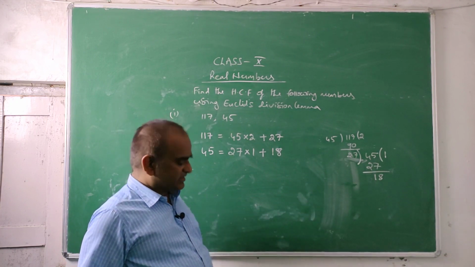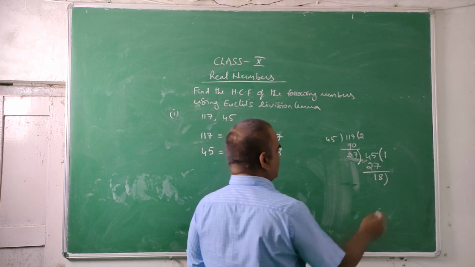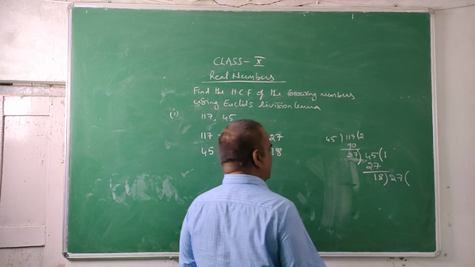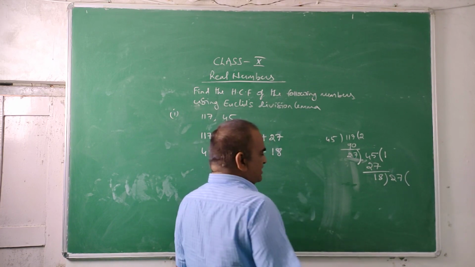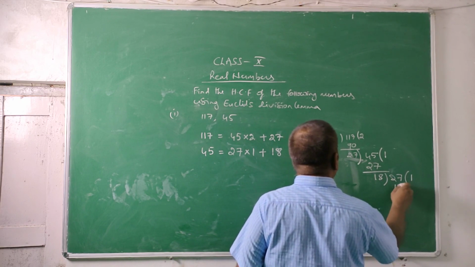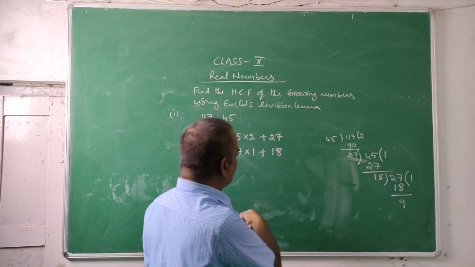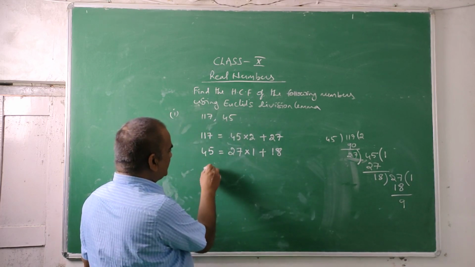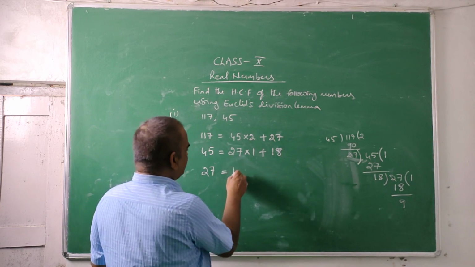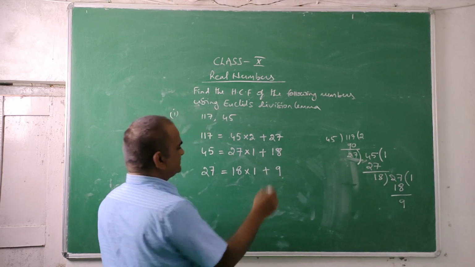Right? Now 18 should be the divisor, the 27 should be the dividend. So 18 ones are 18. Then the remainder is 9. Now 27 is equal to 18 into 1 plus 9.